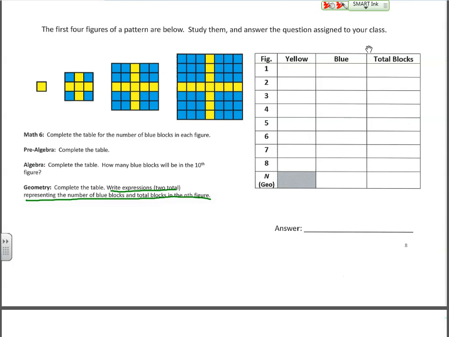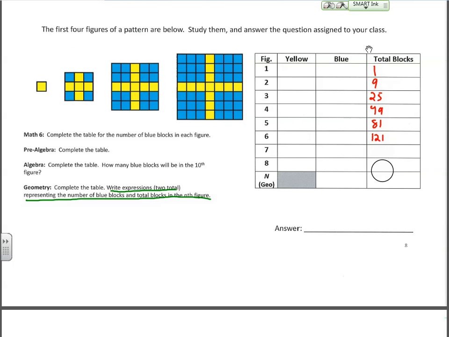So the total blocks, as we go through this column here, figure 1 has 1 total block, then 9, 25, 49, 81, 121, 289, I believe. Did I miss one in there? Oh, yes, I did.